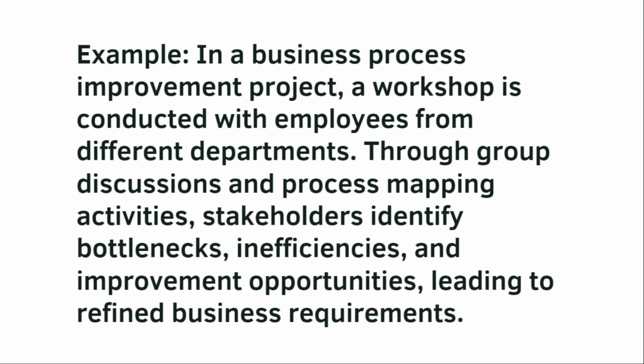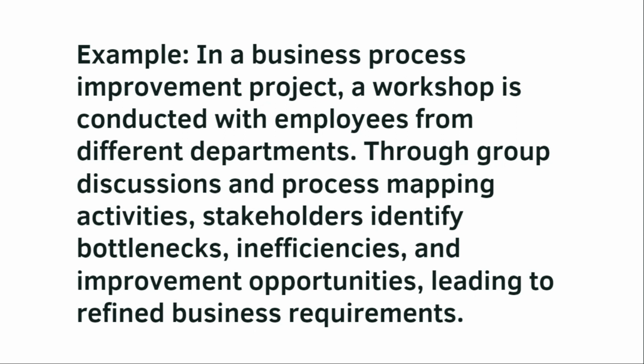For example, in a business process improvement project, a workshop is conducted with employees from different departments. Through group discussion and process mapping activities, stakeholders identify bottlenecks, inefficiencies, and improvement opportunities, leading to refined business requirements.